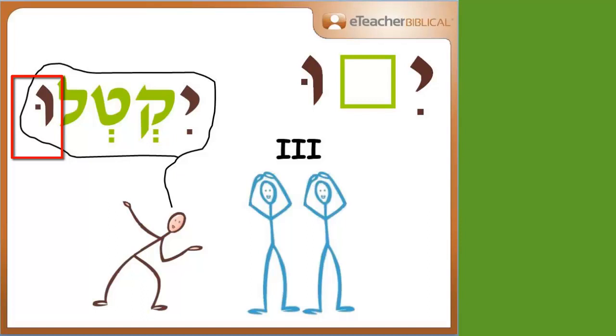If you remember, as I said with tikteli, the accent moves forward to the vowel, and then we don't see the original vowel under the second root letter. It was, you remember, a cholam or a patach, and now we see a moving shva. So again, we read this yiqtelu.